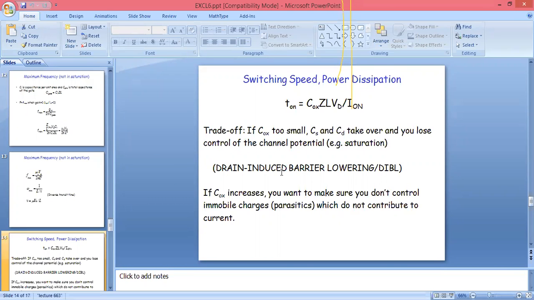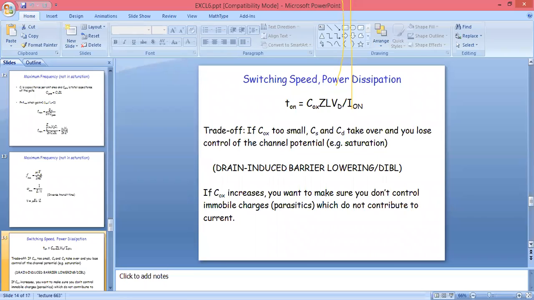If the value of oxide capacitance increases, you want to make sure you don't control the parasitics which do not contribute to the current. Meaning, when you are using capacitors, we know the value of the output current depends on the channel, because we are using an enhancement MOSFET, and in an enhancement MOSFET the channel is not permanently present.